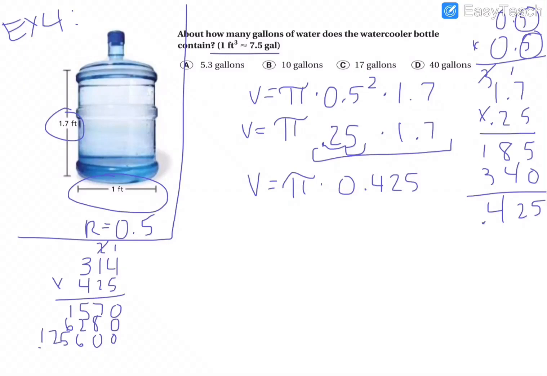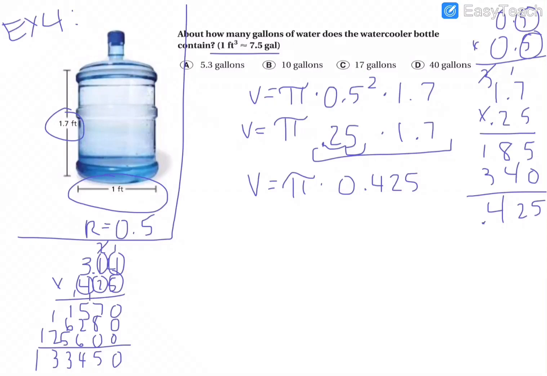Okay, almost done. Okay, and then place values, it was 0.425, so that's 3, and then 3.14, 1, 2, 3. I'm saying these the wrong way so that we see how many place values. I have to move it back 5 times.